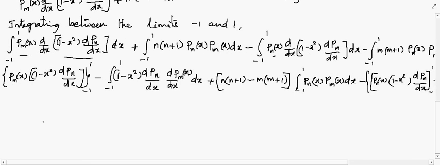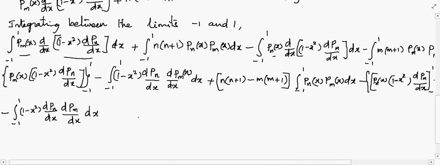Then when you apply the limits in the first term, we are having 1 minus x square. So when x is plus 1, 1 minus x square is 0. When x is minus 1, then also it is 0. So our first term will be 0. Hence, we will be having only minus integral minus 1 to plus 1, 1 minus x square into dPn by dx into dPm by dx of dx.